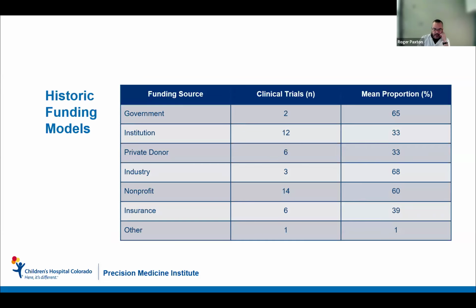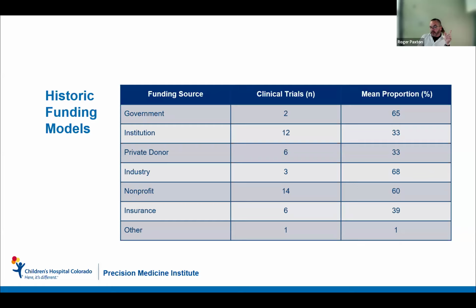So we'll be looking at the results of this survey in a variety of ways, starting with this table. To orient ourselves to this, in the leftmost column, we have our funding source. The center column shows how many clinical trials that we investigated utilized each of these buckets, and then the proportion of the funds coming from each of these in mean.